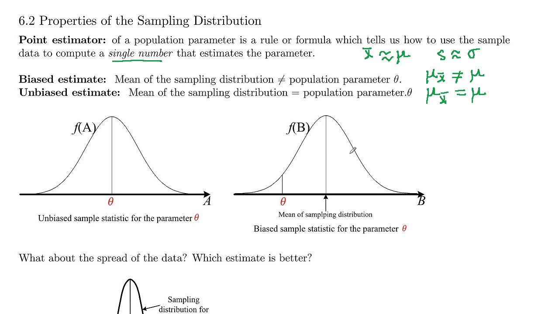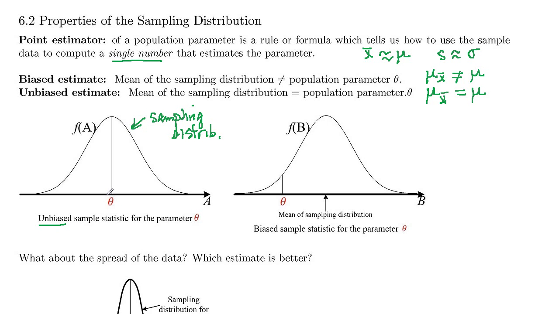So just to illustrate this here, if you have an unbiased sample statistic that's trying to estimate your parameter theta, this is your sampling distribution for the sample statistic. Okay, so this is the sampling distribution. And then you can see the mean of the sampling distribution ends up being the population parameter.